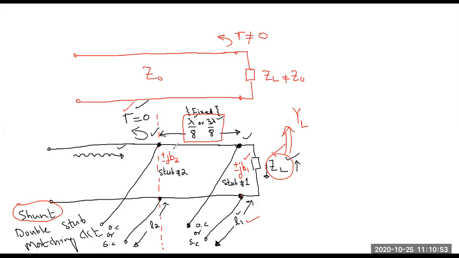Once we know how much B2 is required, we will be able to find out L2. In both these circuits, our goal is first to find out what B1 should be. Once we know that, we will find out L1. Similarly, in the second step, we will find out how much B2 is, and once we know B2, we will find out L2.